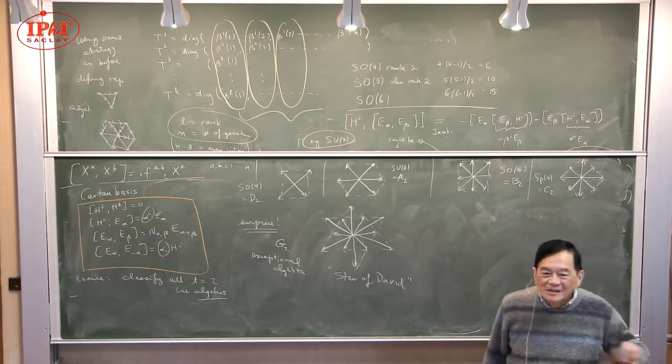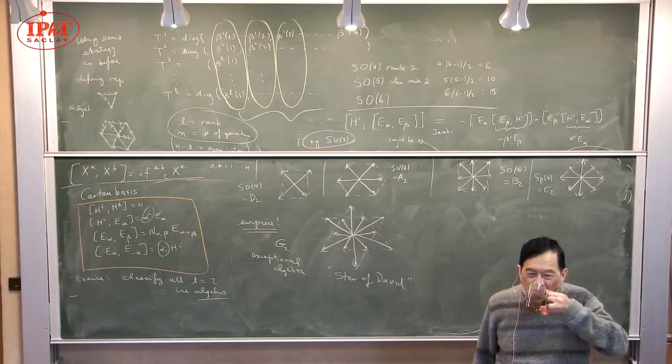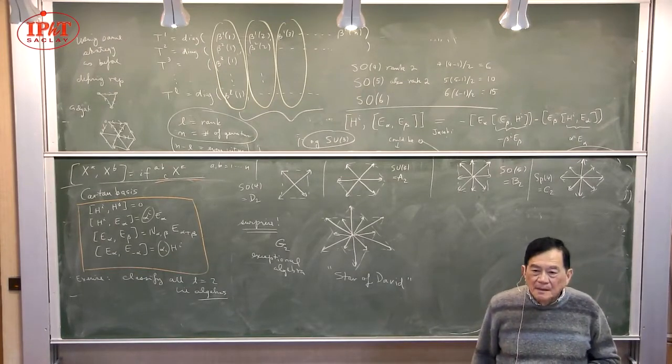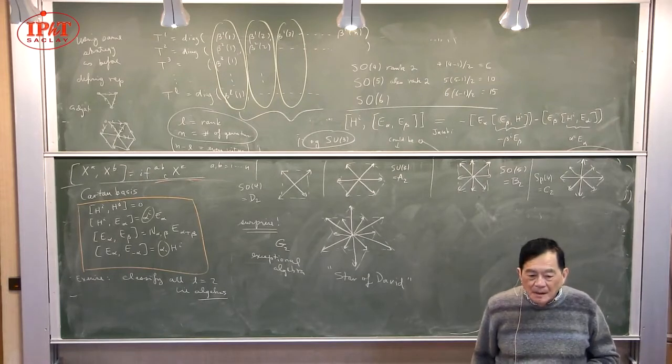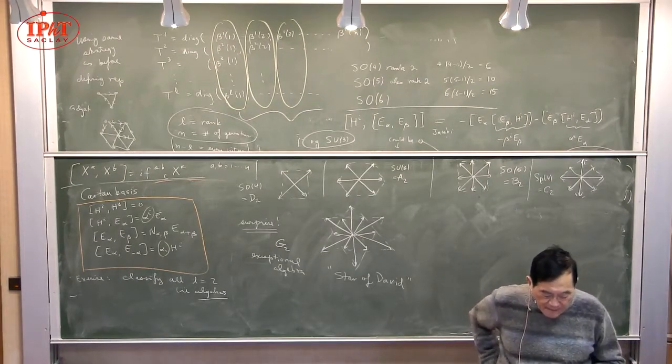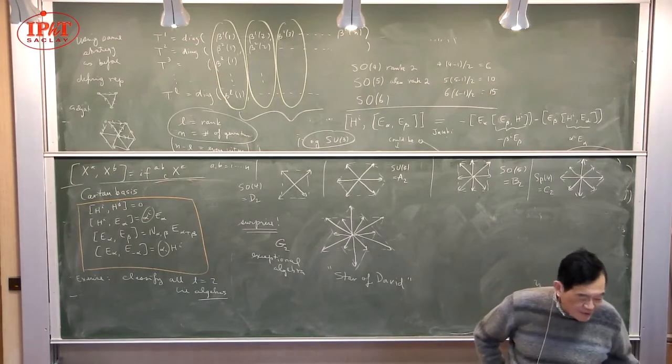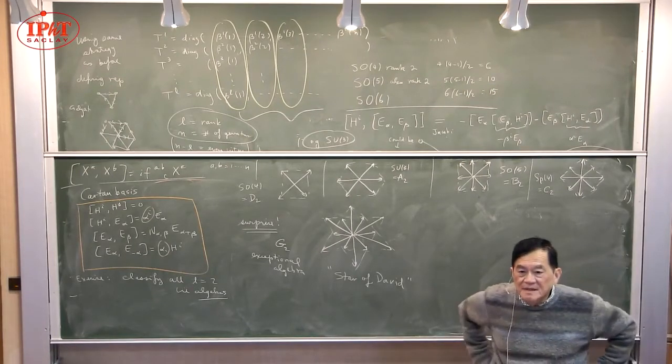Later, after this proposal of G2, was there anyone still working on that with particles beyond the standard model? Many people believe, as you know, that the exceptional algebras may really come into physics.